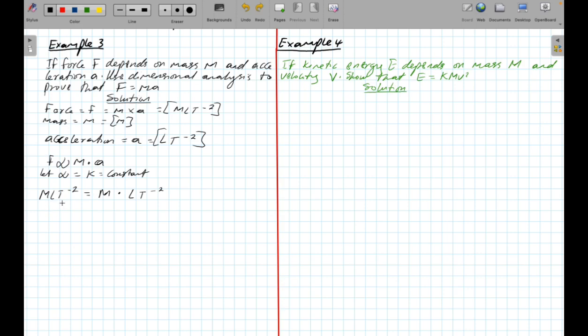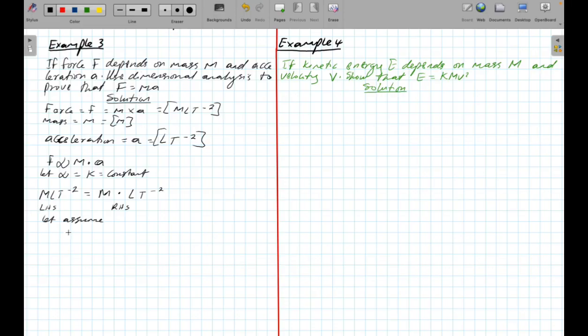Expressing the dimensional relationship of the two quantities, we consider the dimension on the right hand side and the dimension on the left hand side.